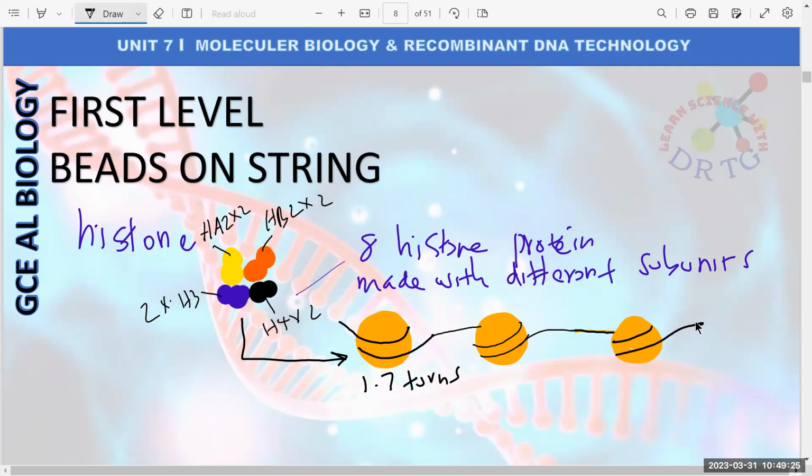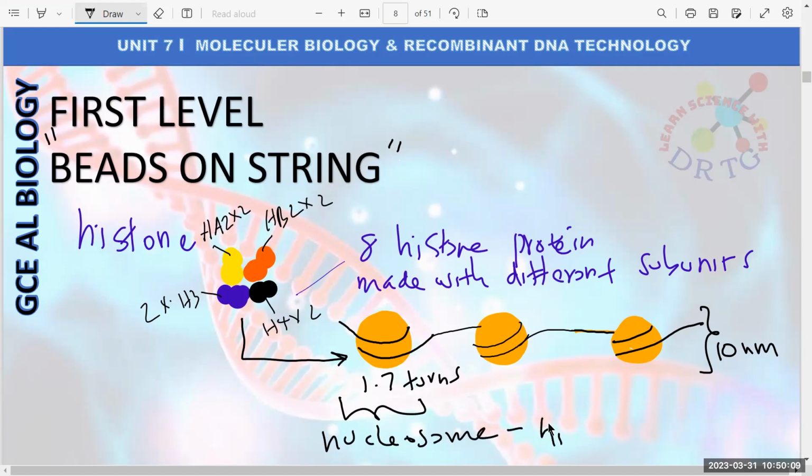Now, when you look at this one, we can give a name: beads on string. So the first level is called beads on string. This is the first packaging, beads on a string. Now this diameter is close to 10 nanometer. So the first level of packaging is beads on string, the 8 histone units joined together, and this new unit has a name, nucleosome.